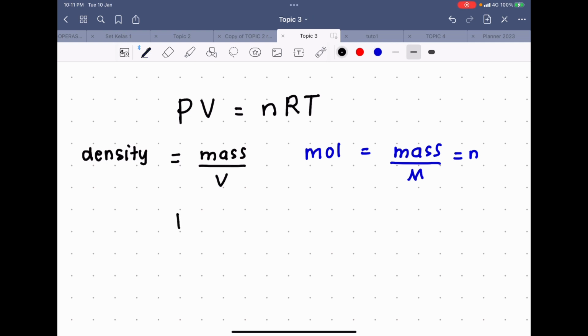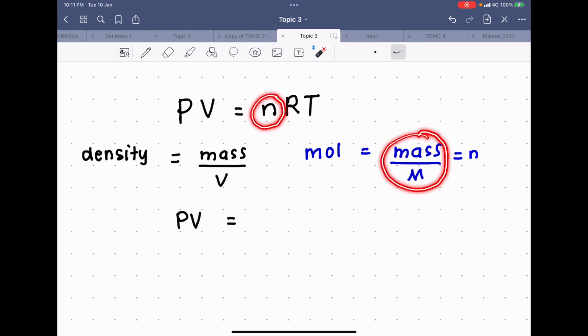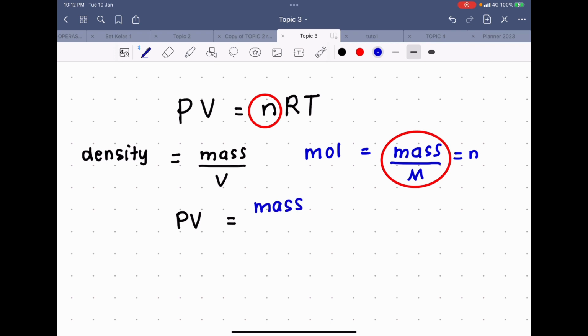Our new ideal gas law will look like PV equals mass over molar mass, multiplied by RT.